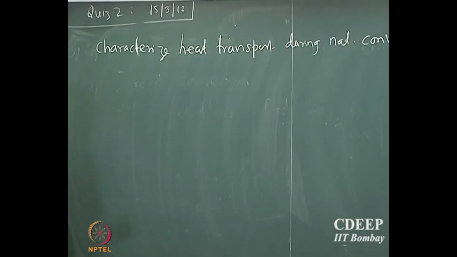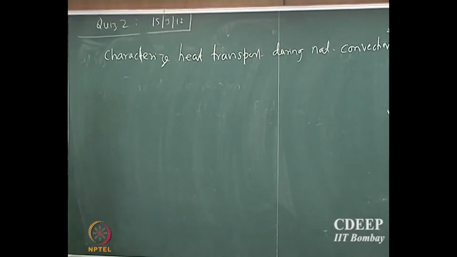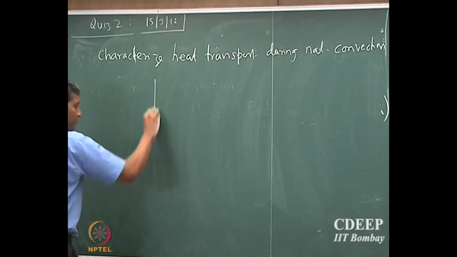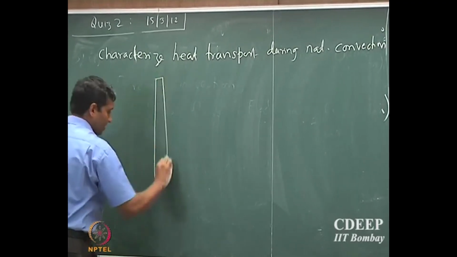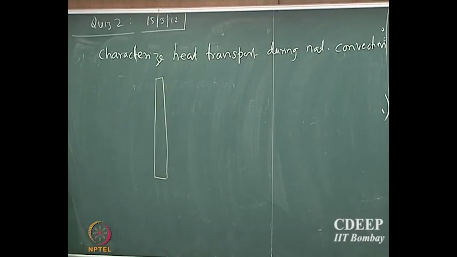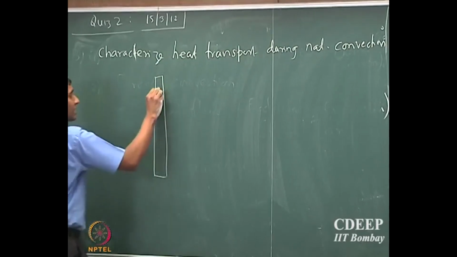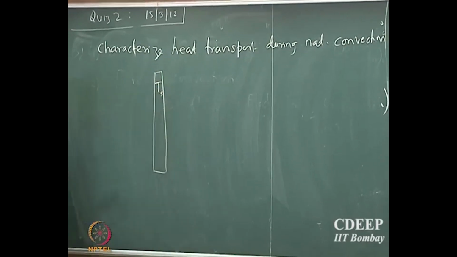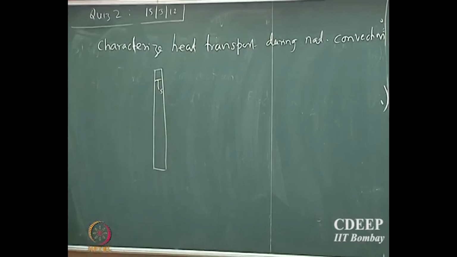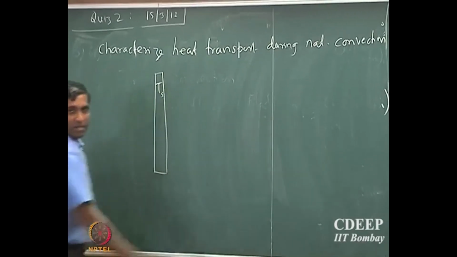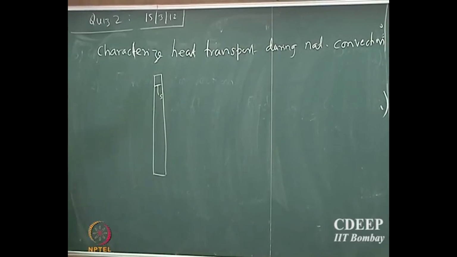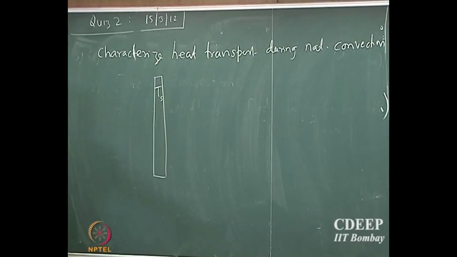The first example we're going to look at is a vertical plate which is maintained at a temperature Ts, and there's a lot of fluid present, and suddenly I put this vertical plate into the fluid.